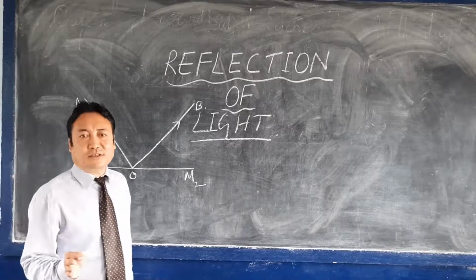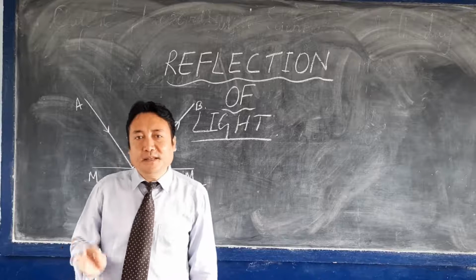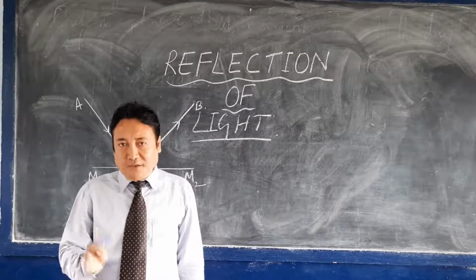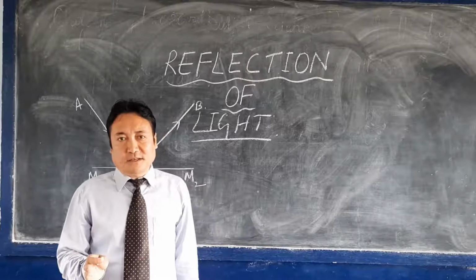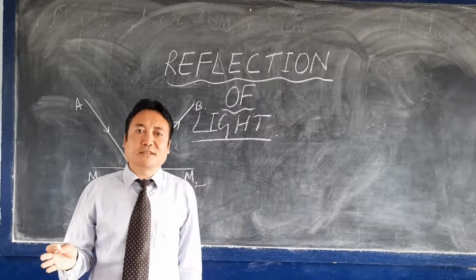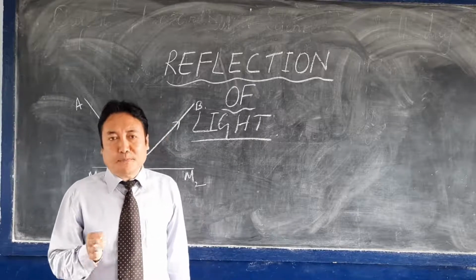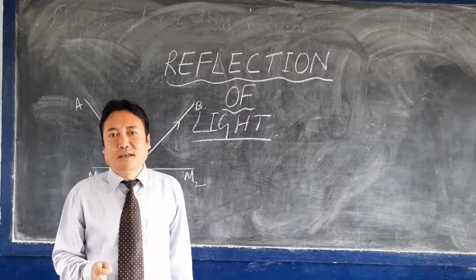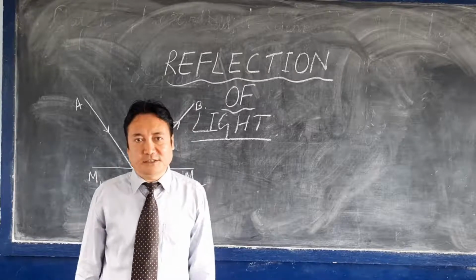So the definition of reflection of light is the phenomenon in which a ray of light, after striking the reflecting surface, goes back to the same medium. It is the phenomenon of bouncing back of light after striking the reflecting surface, which we call reflection.